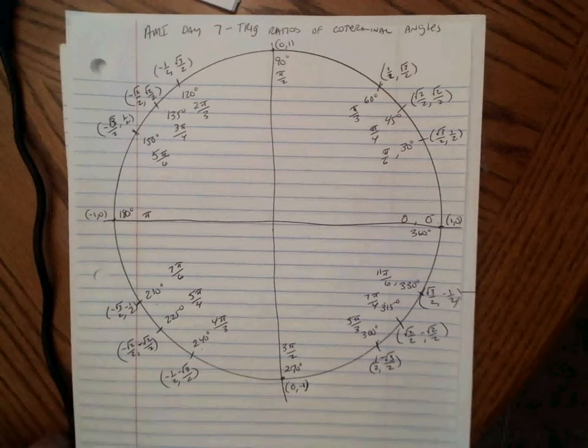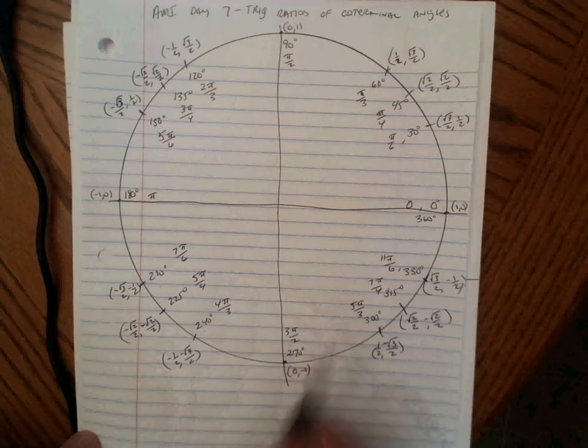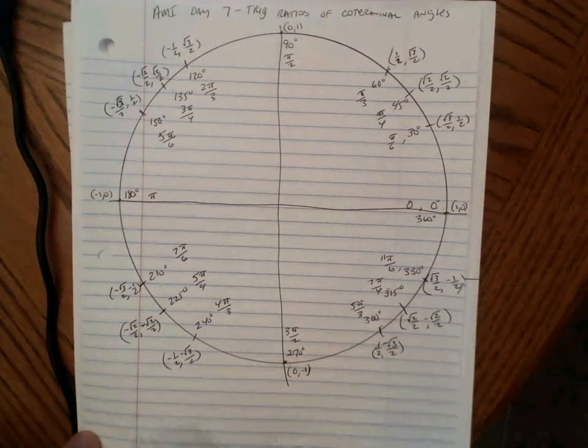Now the reason we need that, we're mainly going to talk about coterminal angles, angles that are coterminal with these angles that we know on the unit circle.